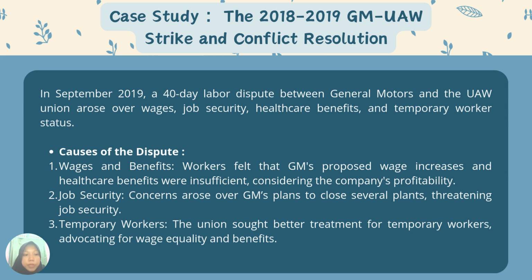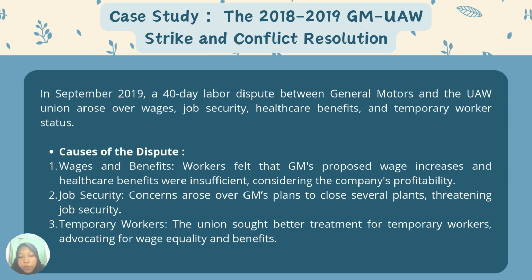In September 2019, one of the largest labor disputes in recent history unfolded between General Motors, or GM, and the United Auto Workers, or the UAW union.